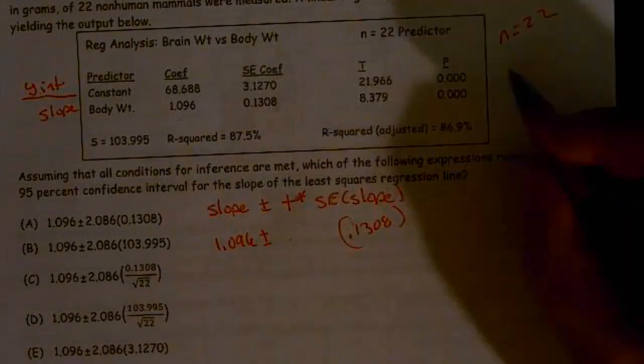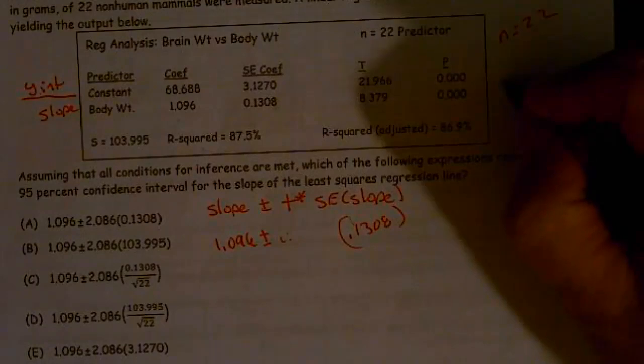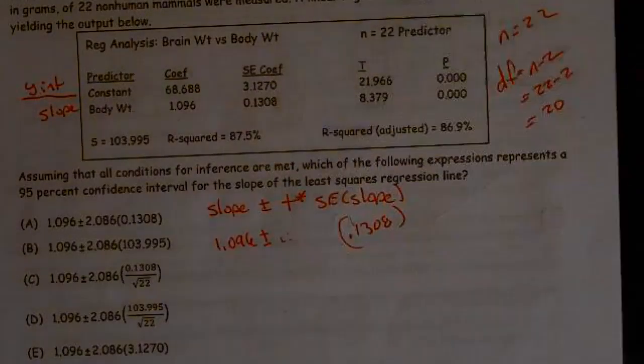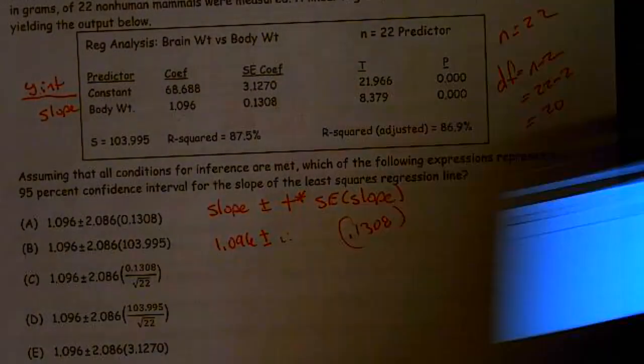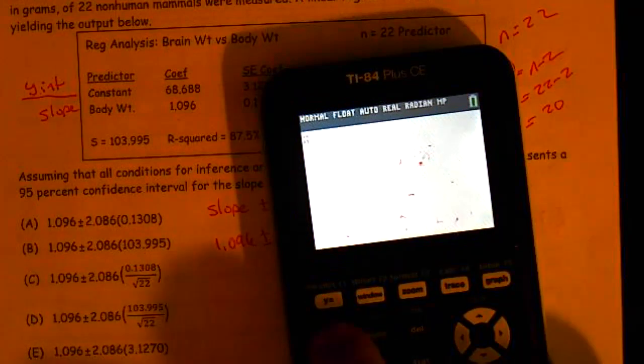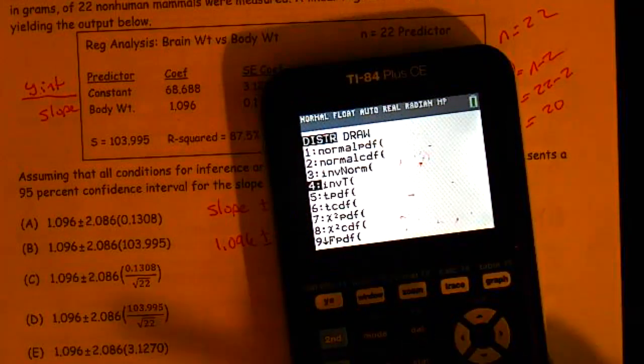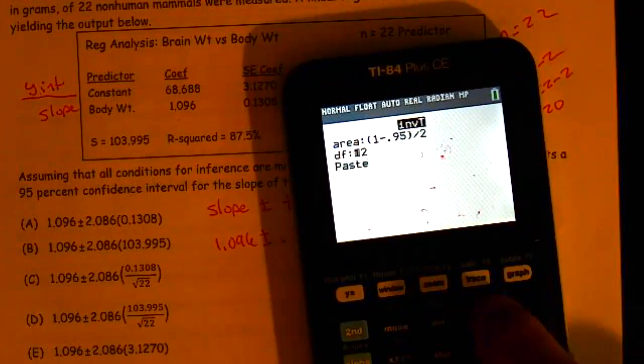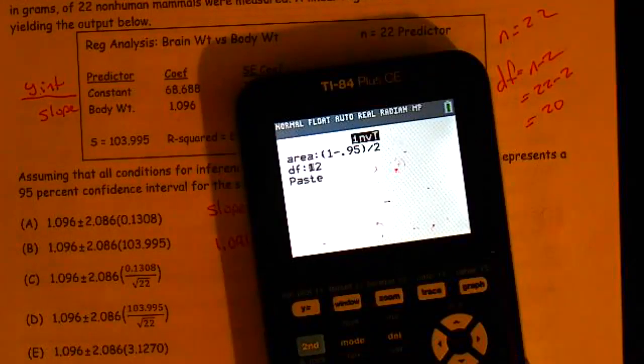All right, so to do t star, we're going to need our degrees of freedom. And for regression, it's n minus 2. So 22 minus 2 is 20. So here we go. Second VARS, inverse t, 1 minus 0.95 divided by 2, degrees of freedom happen to be 20.